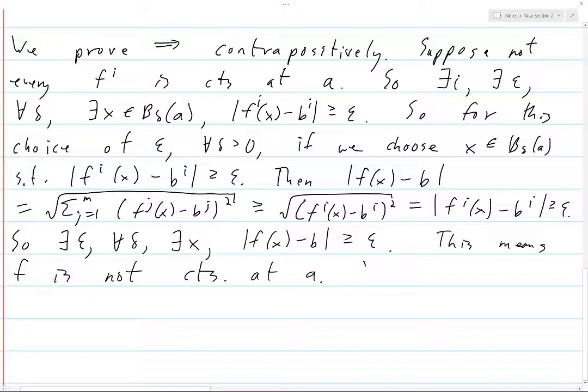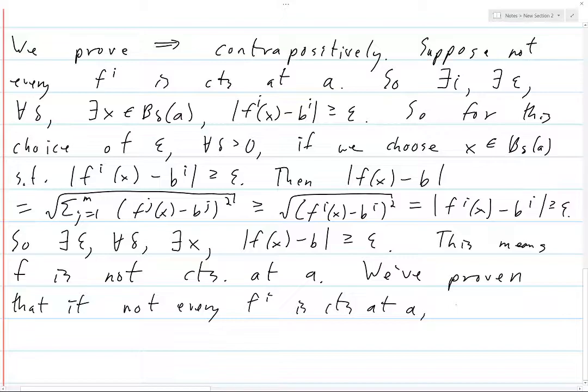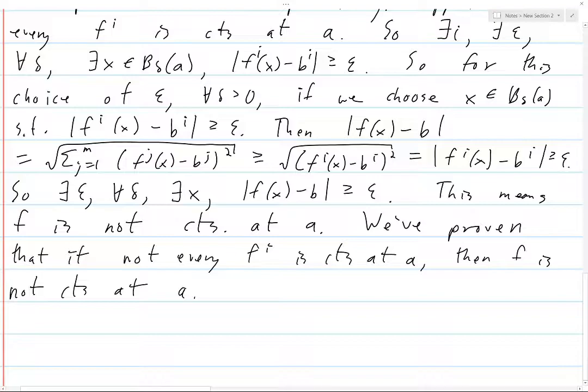So what have we proven? We've proven that if not every fi is continuous at a, then f is not continuous at a. And what's the contrapositive of this statement?